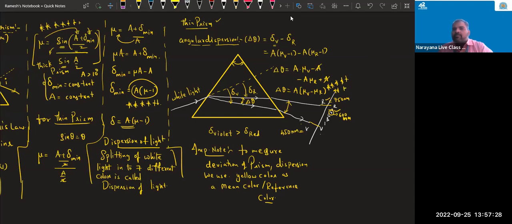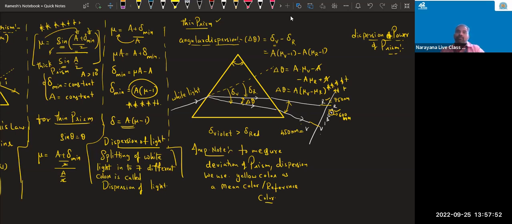And now the dispersion power of the prism. All prisms do not have the same dispersion power, no? Some will have less power. Some prisms will not even disperse.